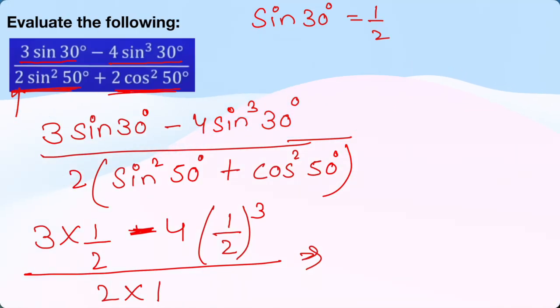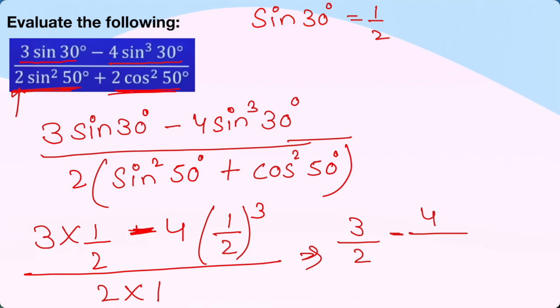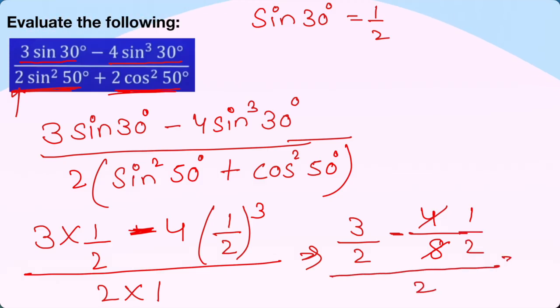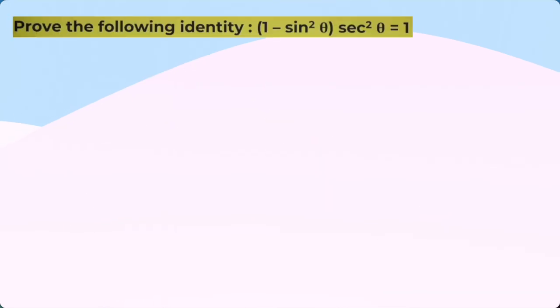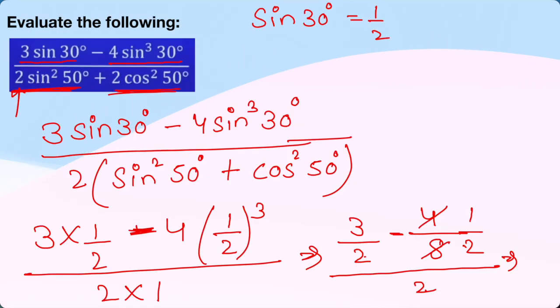We can just directly put it. Clear? So it will be 3 by 2 minus 4 into 1 by 2 cube, which is 1 by 8, right? So again it will be 1 by 2, and in the base we have the 2. This will come to the base. So it will be 3 minus 1, which is 2.